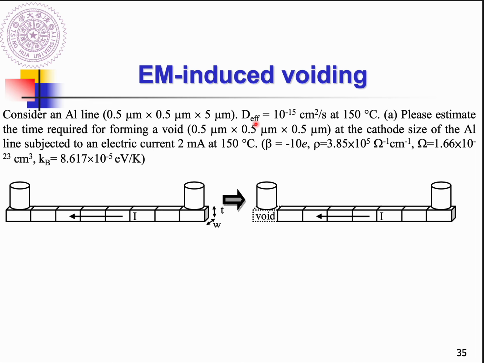Usually, the effective diffusivity is how we get the real diffusivity of these materials: we measure it by some method, and then we can get the real diffusivity.